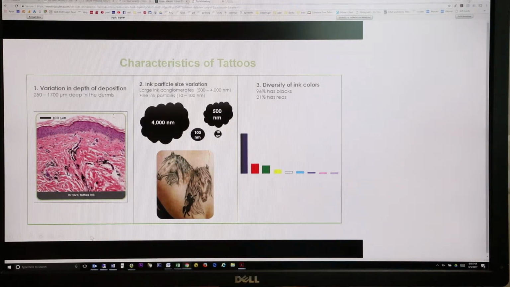So there's variations in not only the depth, but the ink particle size, and also the color. So the blacks, the darker inks are very, very easy to remove with 1064, but as you get to the lighter ones, you're going to have to use 532, and again, consider the skin type.